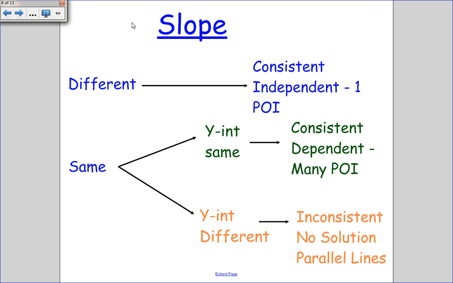Now, what have I been talking about the entire time that we've been doing consistent and inconsistent so far? POIs are end game plans, right? So what have I been comparing the whole time? My y-intercept and my slope.